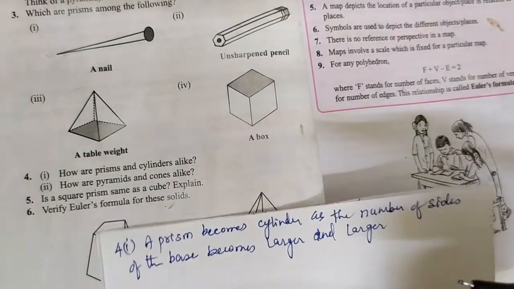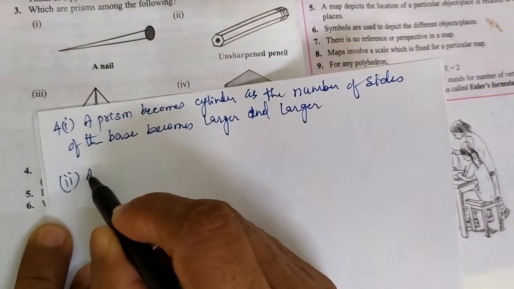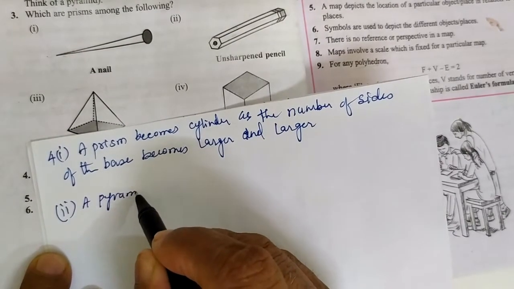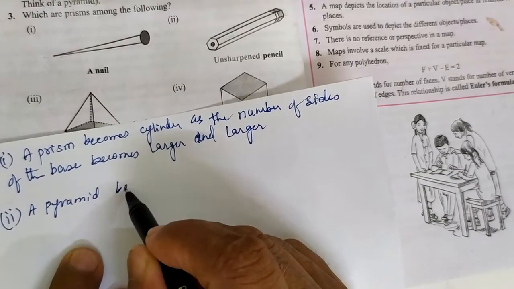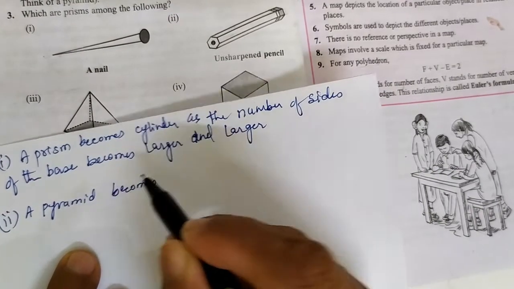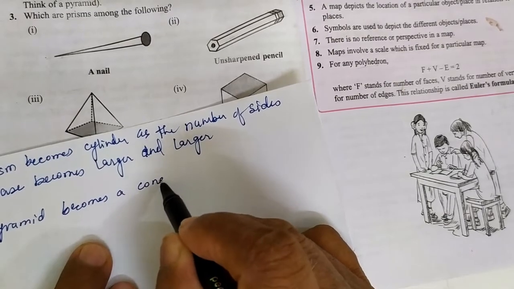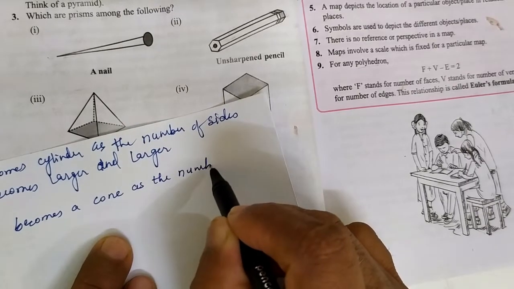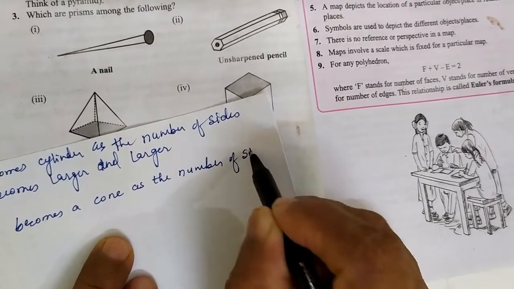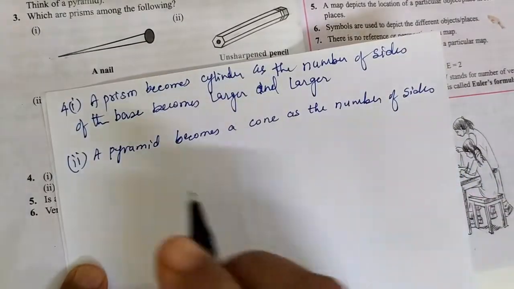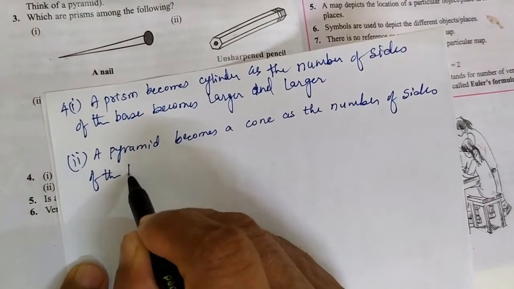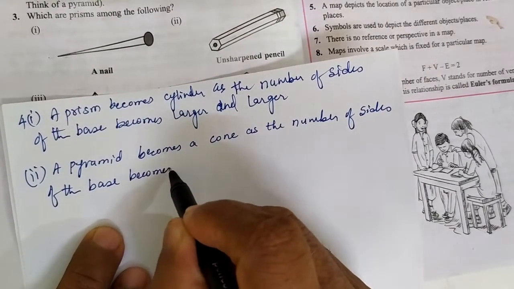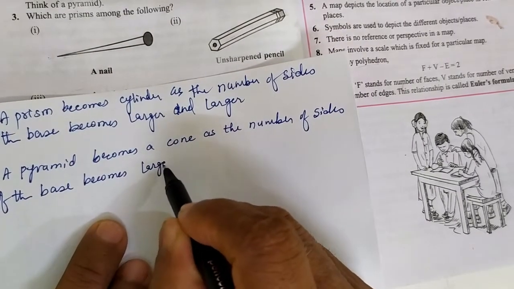So in the same way, a pyramid becomes a cone as the number of sides of the base becomes larger or more.